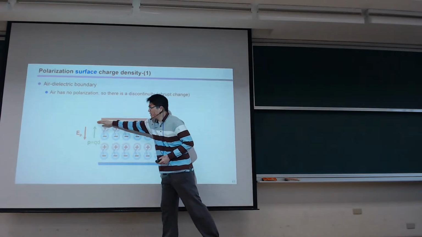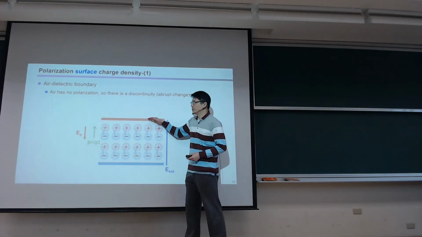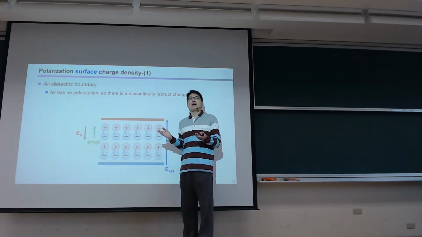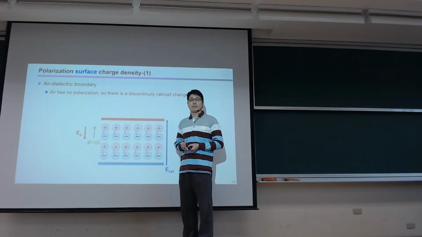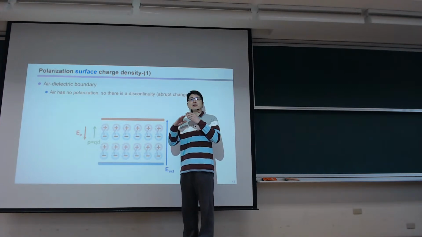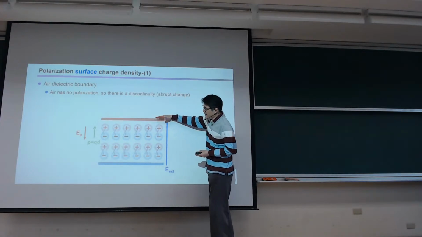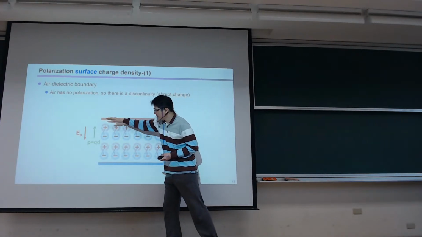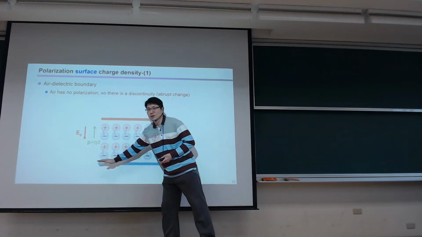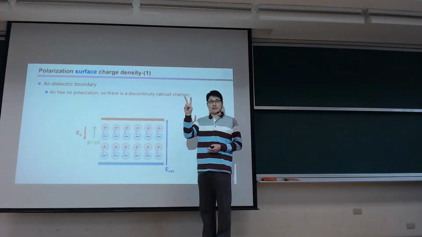So this dielectric material has a finite size. Whenever the material has a finite size, you have boundaries. So in this case, on the top and the bottom, you have 2 surfaces.